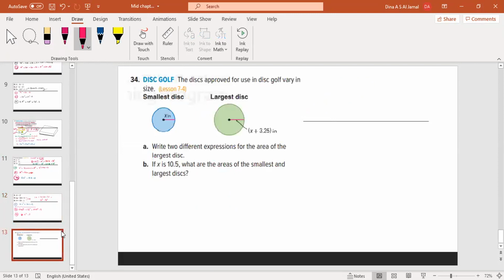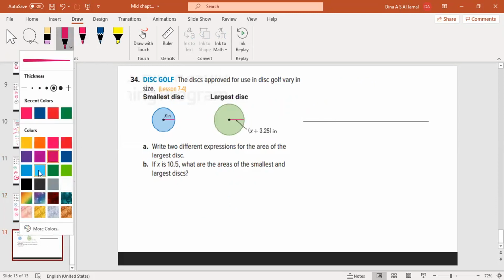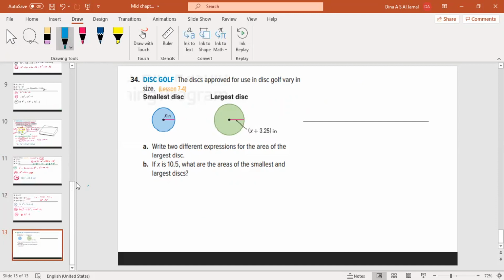Now let's go to the last question in your mid-chapter quiz, which is very essential for you. Pay attention with me. You are having these golf discs and they will be varying in size. Pay attention to this. Your smallest disk will be having radius of x, but your largest disk will be having x plus 3.25.